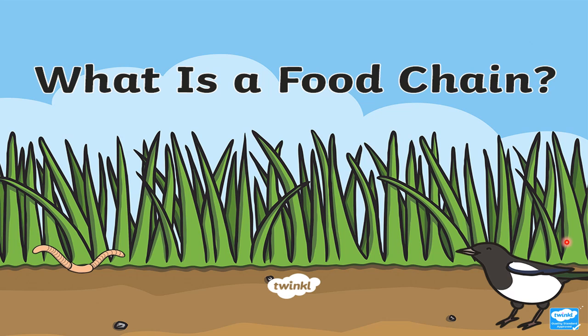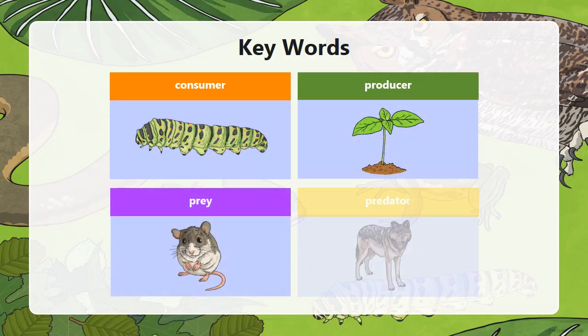Let's learn where the energy gets transferred. Before learning about the food chain, let's have some keywords. Consumer, the one who consumes. Producer, prey, and predator.